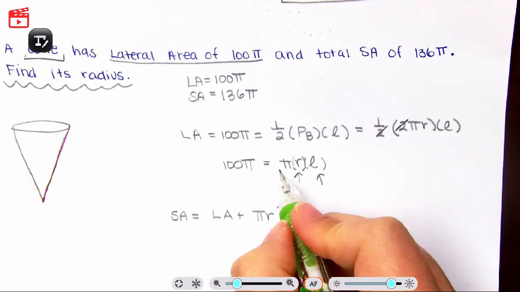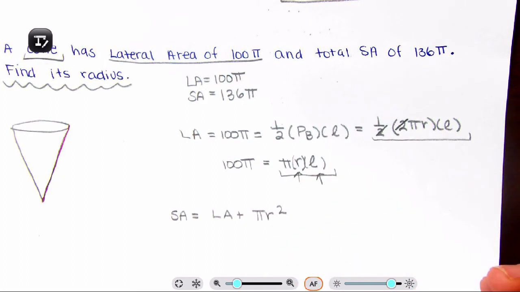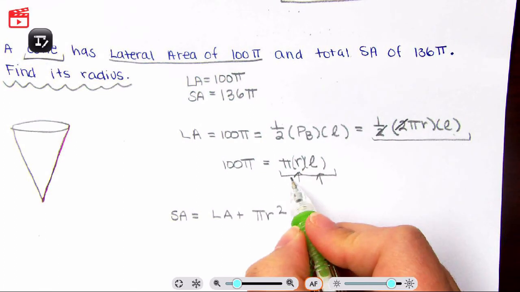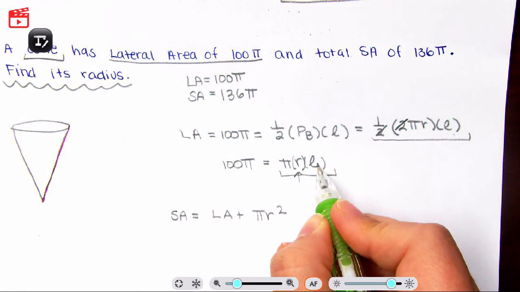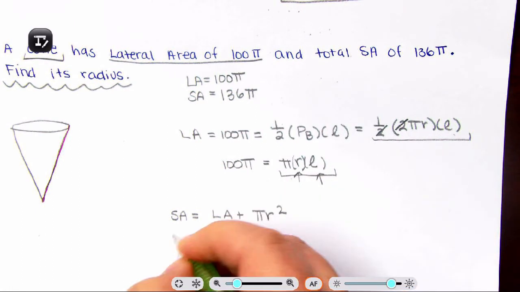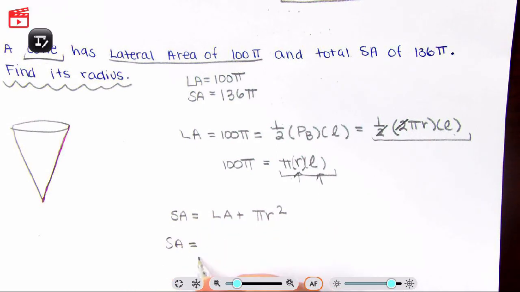Now, lateral area I know is 1/2 times 2 pi r times my slant height, which also simplifies to pi r slant height. So pi times our radius times our slant height. But I also know in this problem that my lateral area is 100 pi. So I'm going to say surface area is equal to, well, what was surface area equal to? Let me erase this.